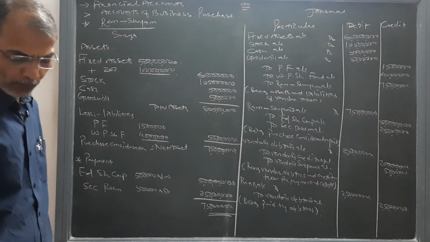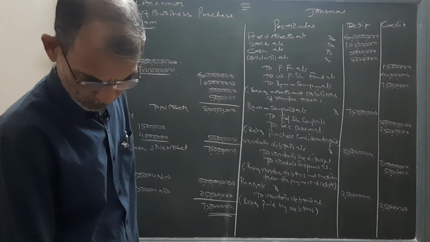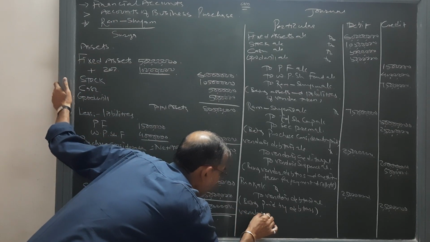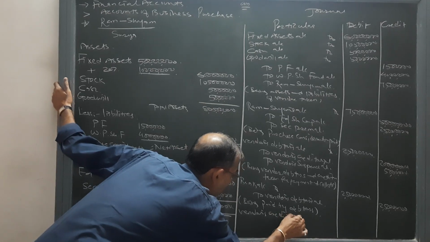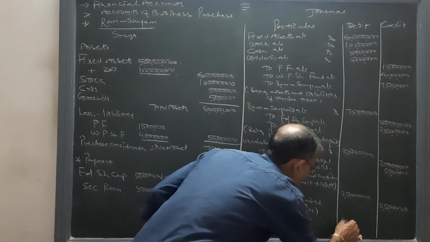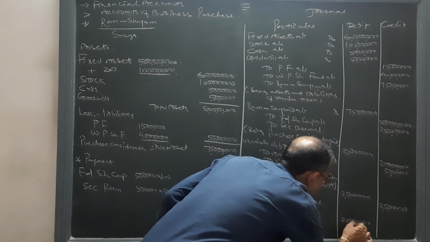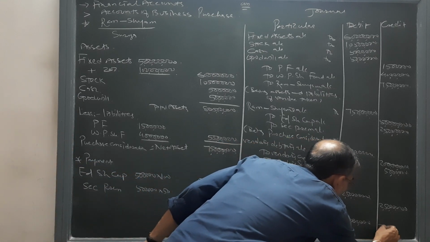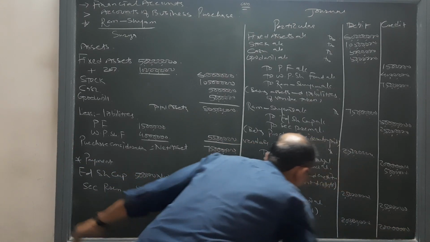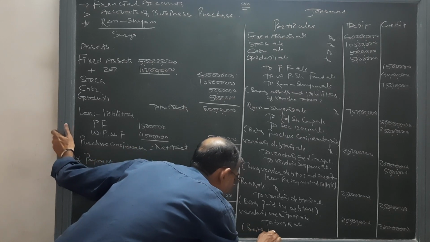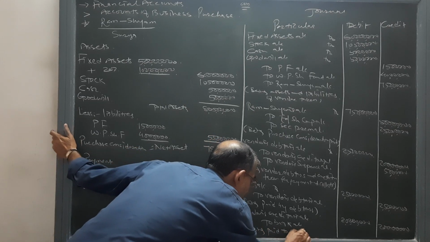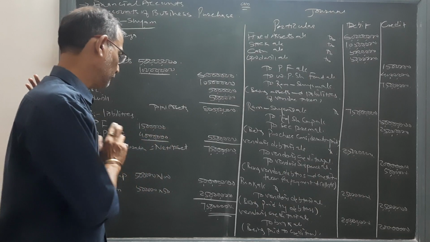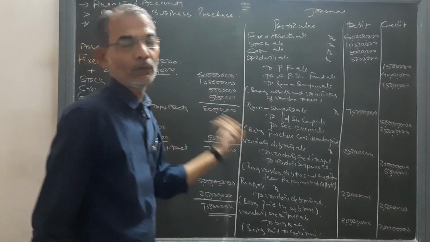Then after, creditors will be paid, creditors are of 2 crore. So vendor's creditors account debit 2 crore to bank account, being paid to creditors. Now let's clear the space for further.